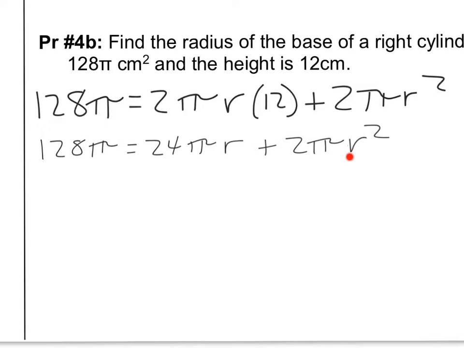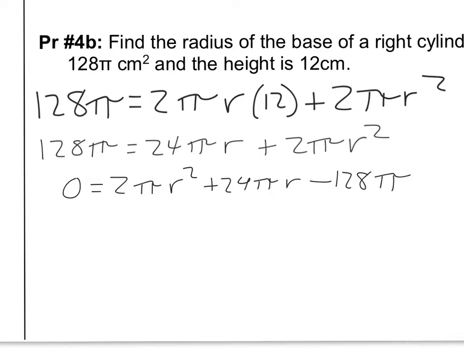Whenever you have an r squared or an x squared, that's a quadratic equation. And in order to solve these, you need to get the whole equation equal to 0. So I'm going to subtract 128 pi from both sides, and I will get 0 equals, and I'm going to put the r squared in front, 2 pi r squared plus 24 pi r minus 128 pi.